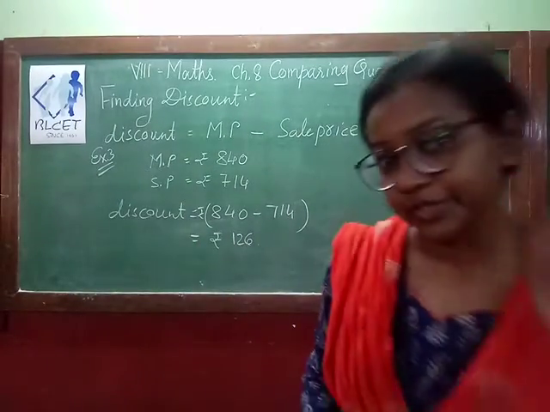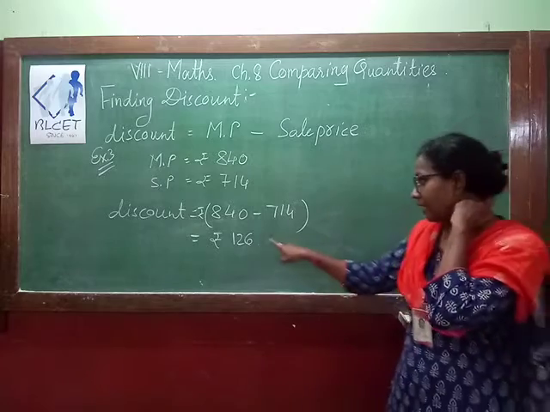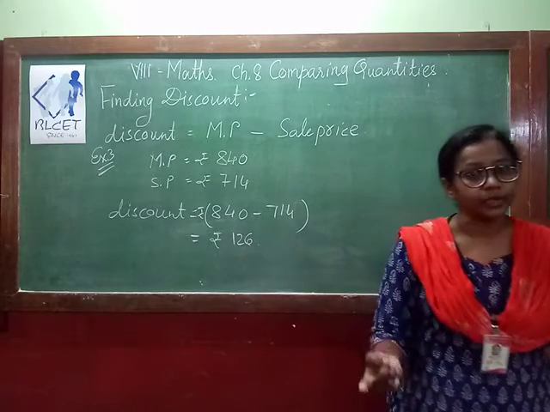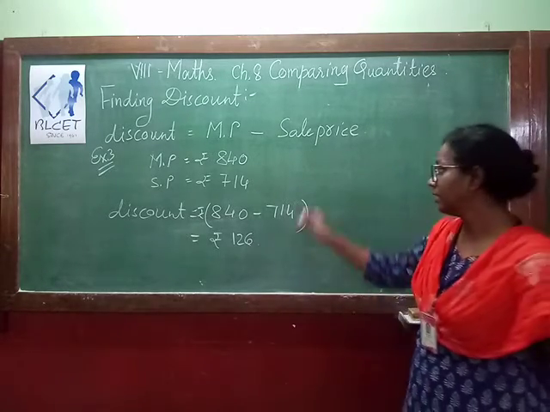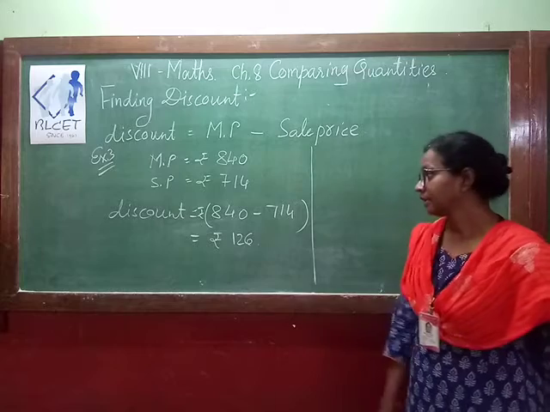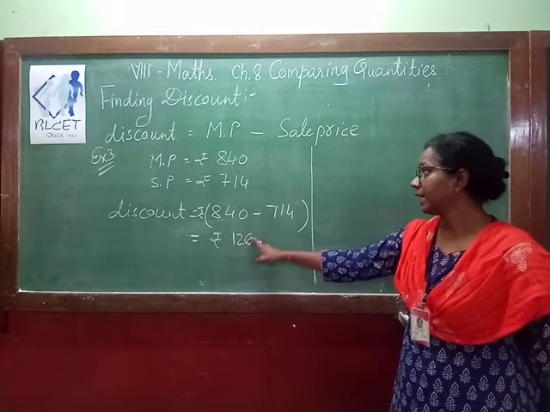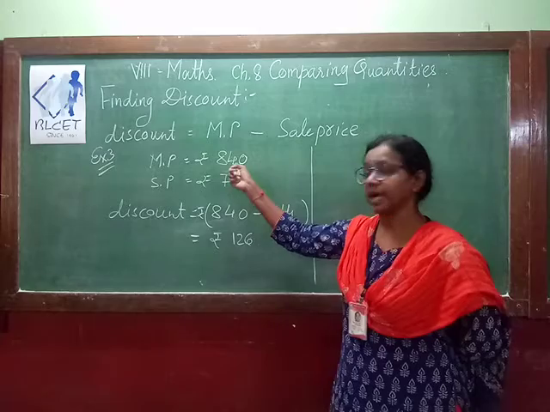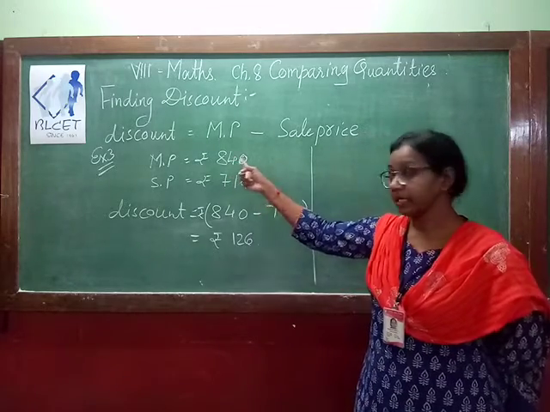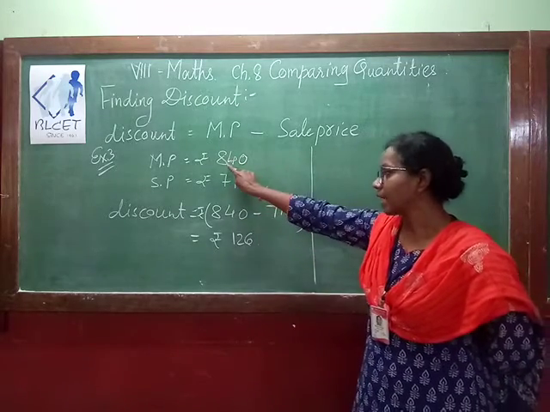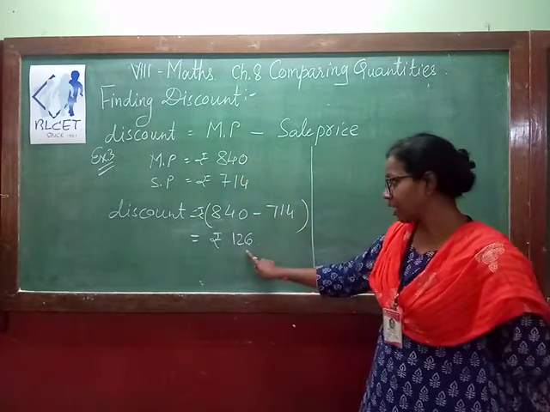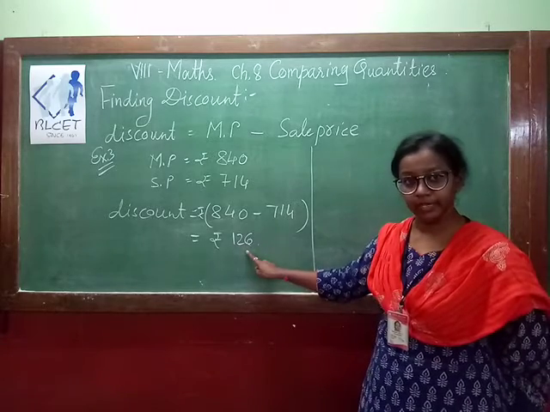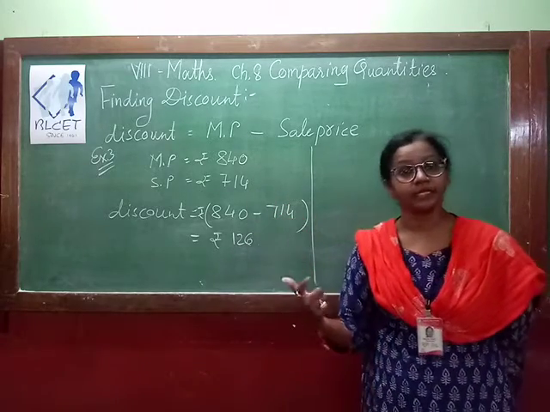Now your next question. Whatever discount is given, you have to convert into percentage. How will you convert? This discount you are getting on what? Mark price. What is your mark price? 840. So if your mark price is 840, then your discount is rupees 126. So what about when your mark price is 100?